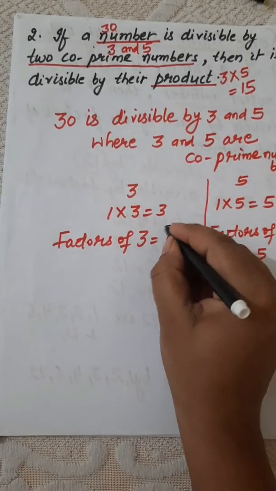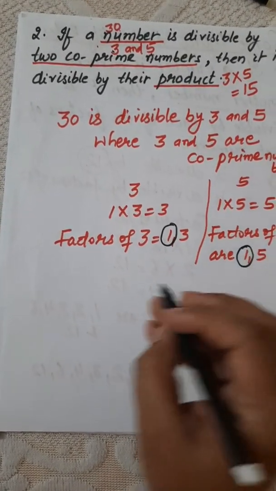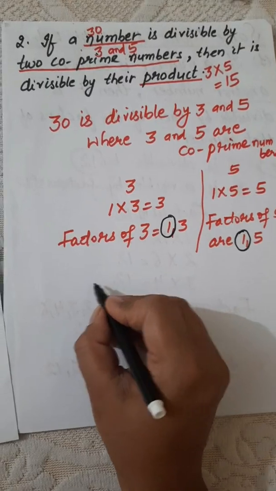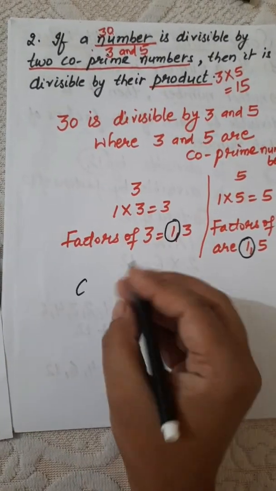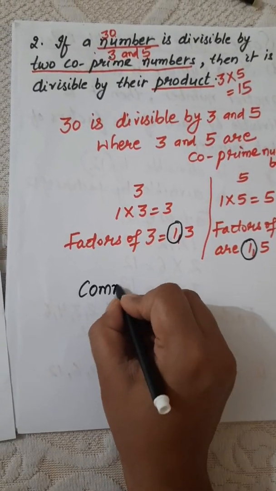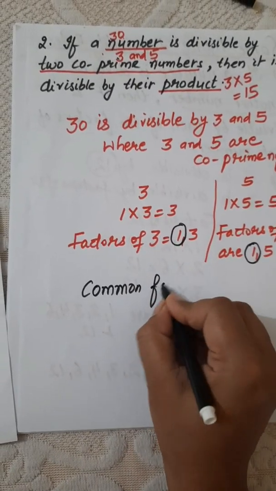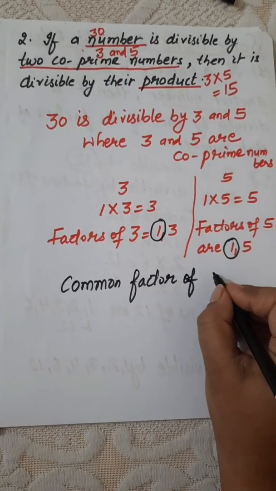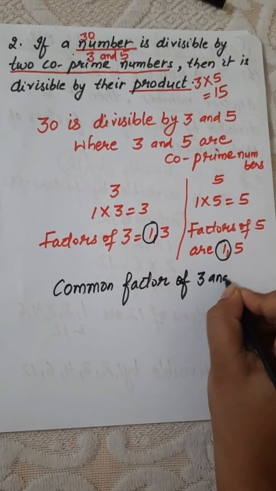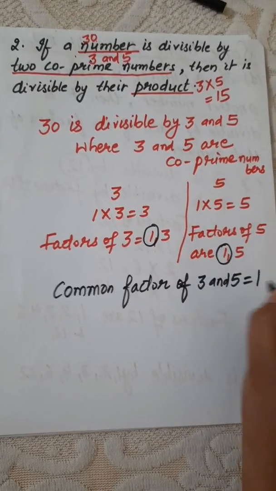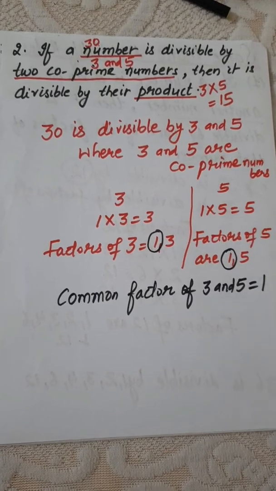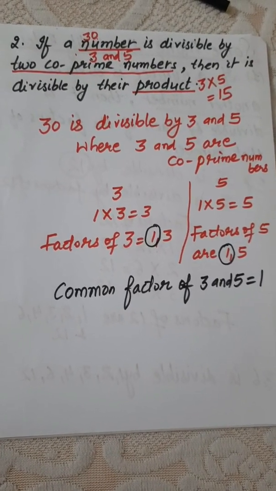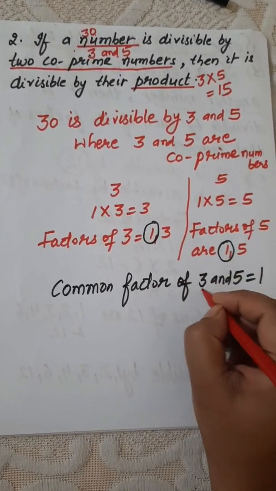If I have to find the common factor, 1 is the common factor, so I will write: the common factor of 3 and 5 is 1 only. If two numbers have only 1 as a common factor, we can say that they are co-prime numbers.